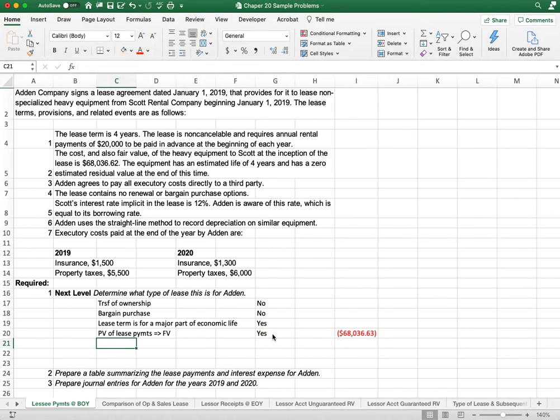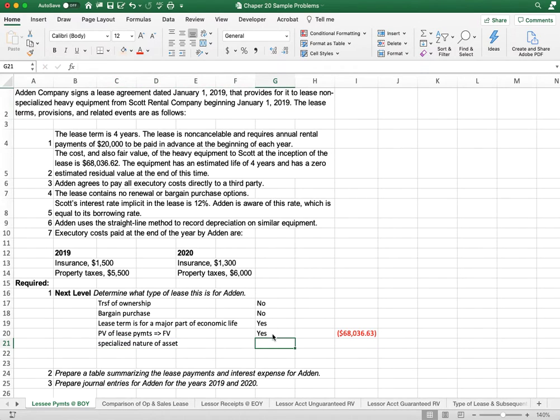And then our last question is the specialized nature of the asset. In full, if you were to read it straight out of the text, it says the underlying asset is of such a specialized nature that it is expected to have no alternative use to the lessor at the end of the lease term.